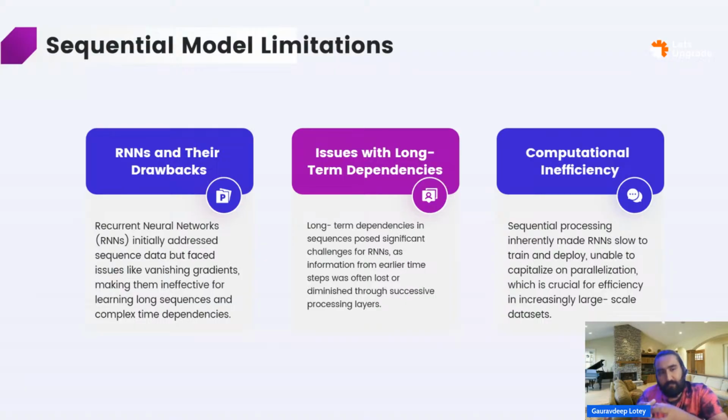But then again, if you look at traditional algorithms, which is like a recurrent neural network, they had issue. Like for example, if I have to take up a sentence like hi, hello, how are you, so RNN works on state logics, right? So suppose hi is the first state, okay, and it will tokenize it, then it will take how, okay, so how will have a previous state which was hi, and it will then try to map a relation with this, but it will go one at a time.